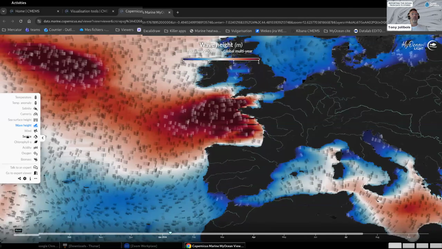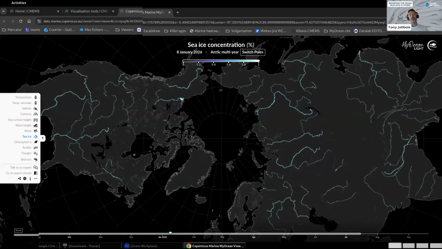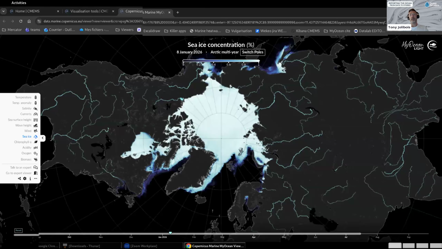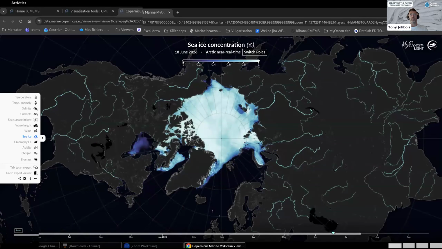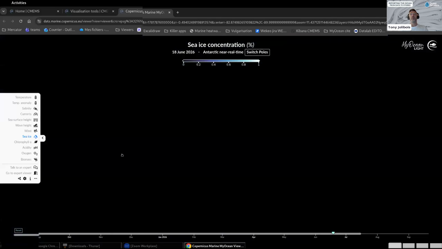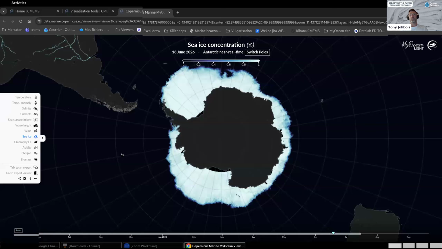You can illustrate also the white ocean, here the sea ice extent in the Arctic. Again, you can navigate on time, and the Antarctic.